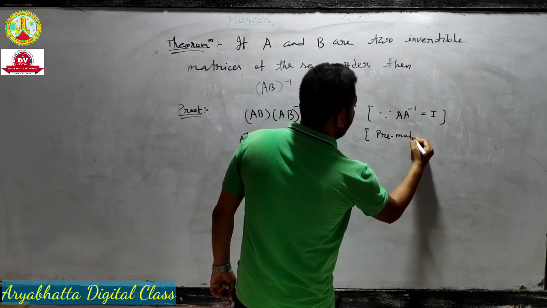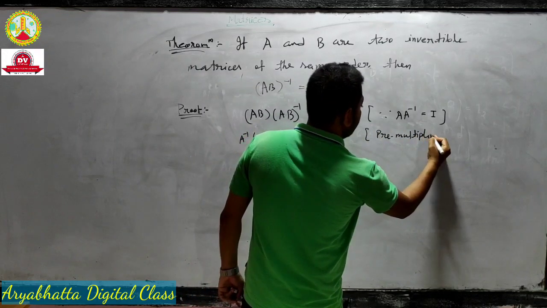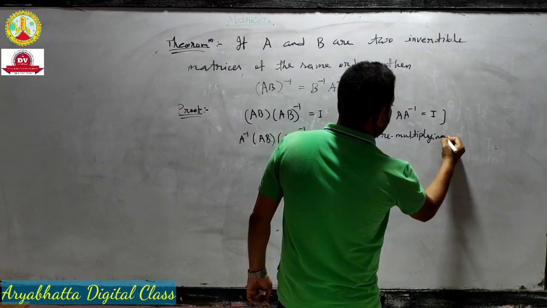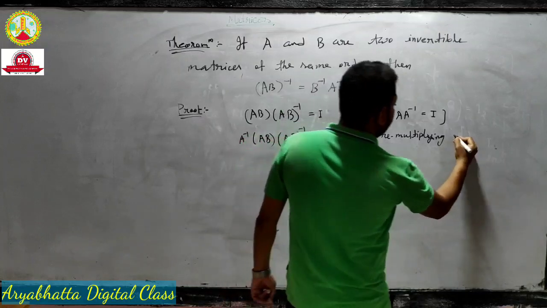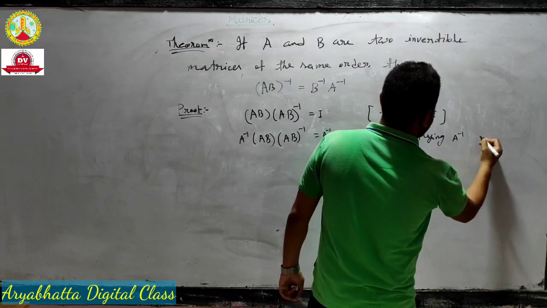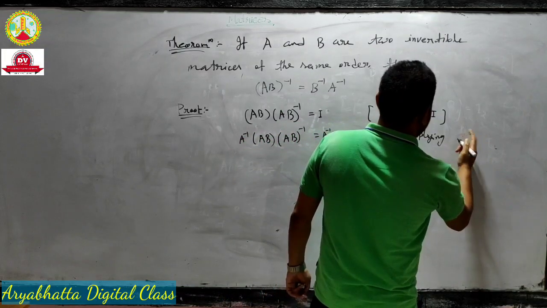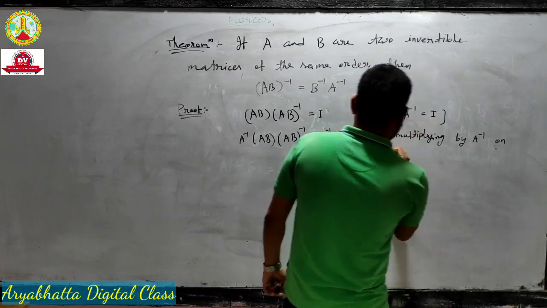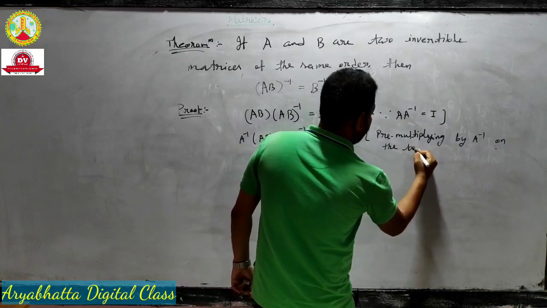Multiplying A to the power minus 1 on both sides.